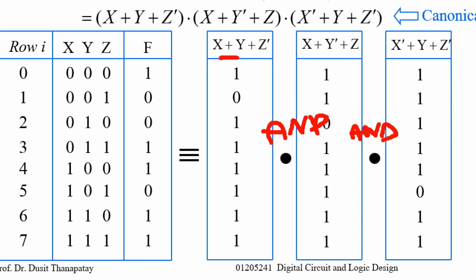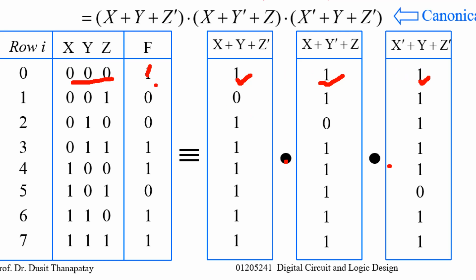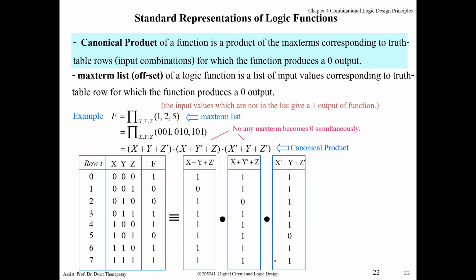If one of these maxterms is 0, when you AND it with another term, the result will be 0. But if the input doesn't make any maxterm 0, meaning all of them are 1, then when ANDed together, the result is 1. So this expression is called canonical product, product of sums, or product of maxterms.